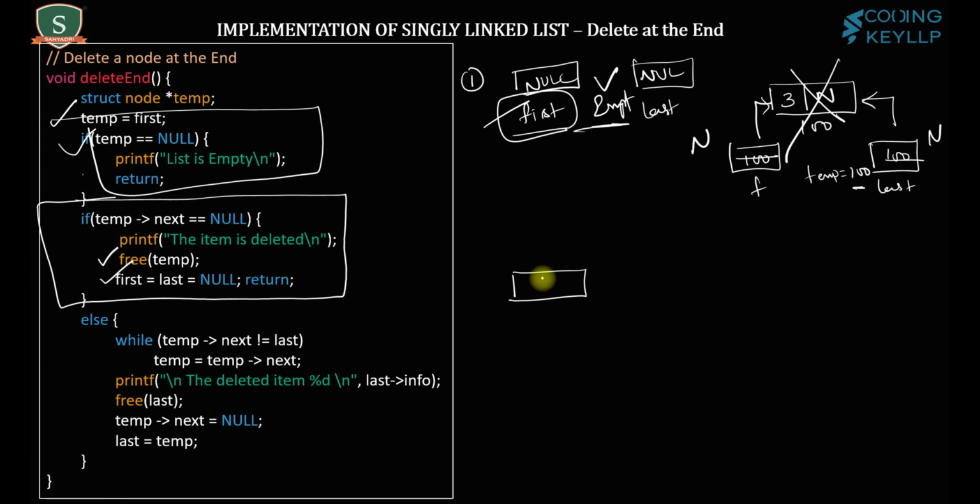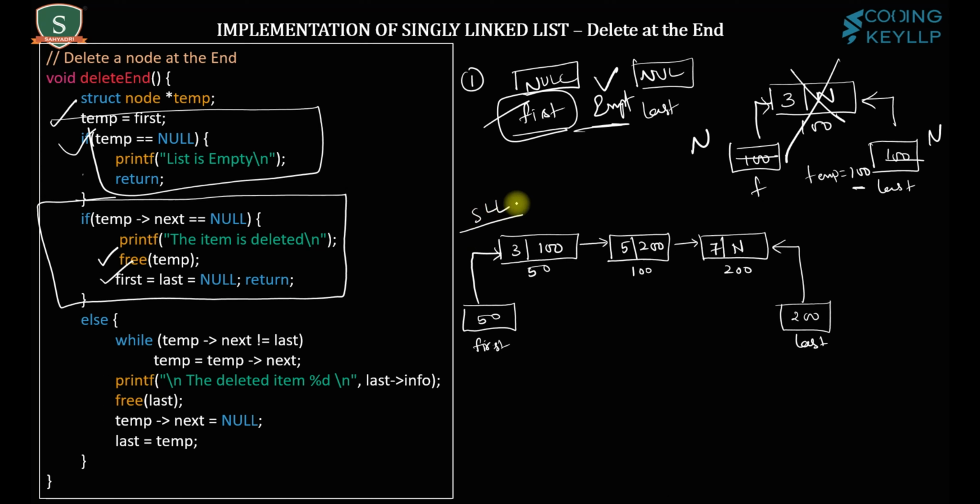Consider this singly linked list where you want to delete the last node, the one where the information is 7 and the next is null. Since we cannot move in the backward direction in a singly linked list, when you want to delete an element at the end, we have to traverse the whole list, move to the end and delete the last element.